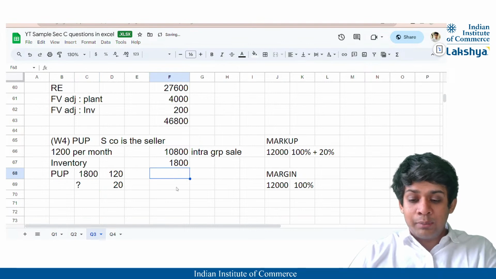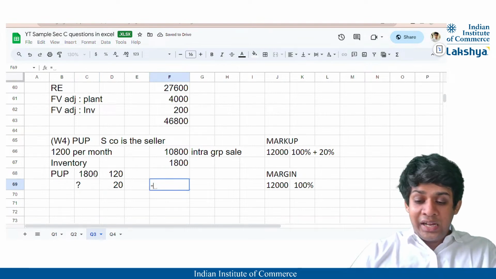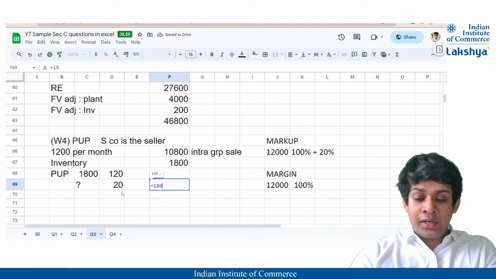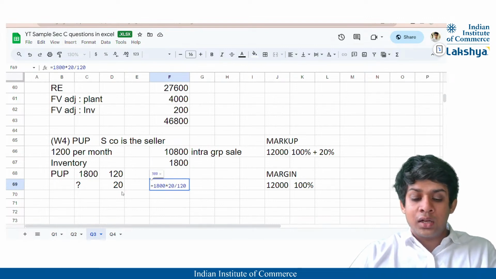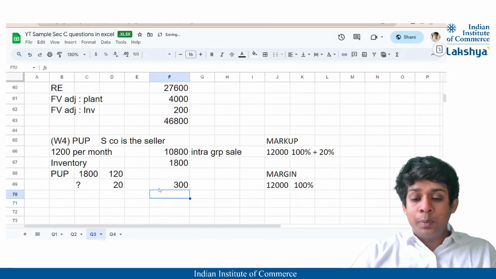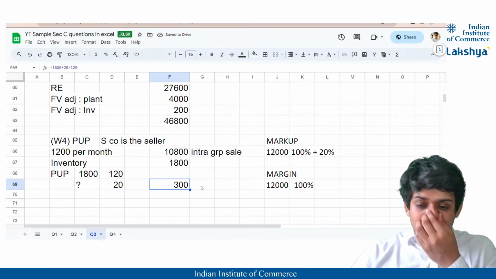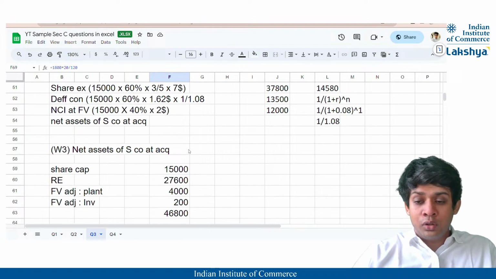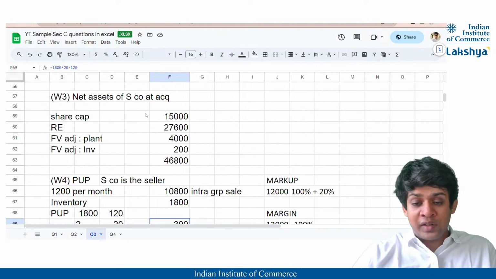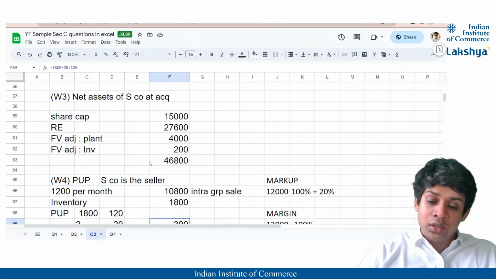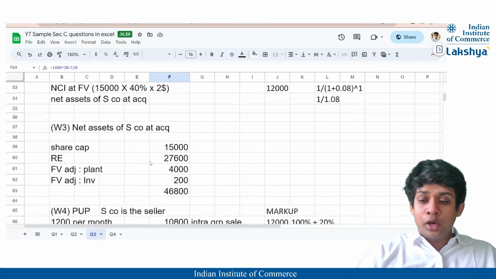So we just cross multiply 1,800 into 20 divided by 120, correct? So this is our PERP, that is 300. Okay, are you all clear guys? We did not reduce this PERP in the working note to net assets because this is adjusted in the post acquisition profits and we have not considered that anyway. Okay, so this is your PERP.